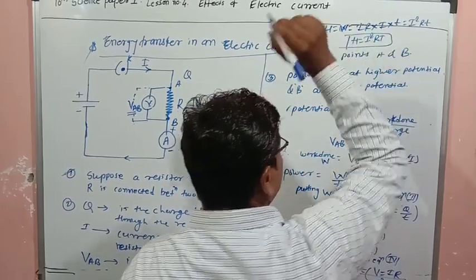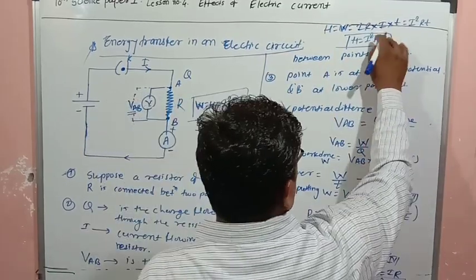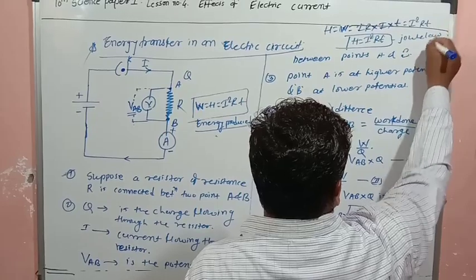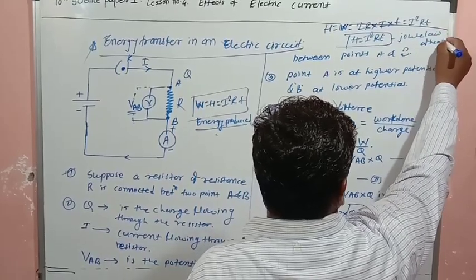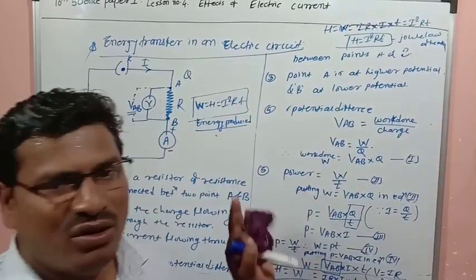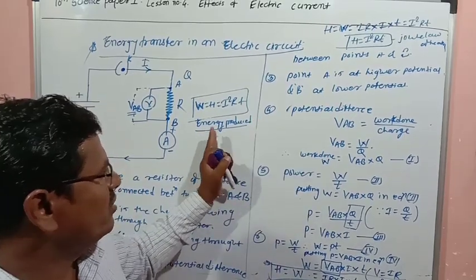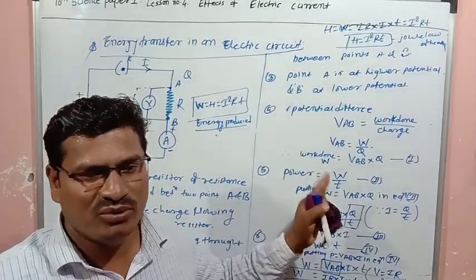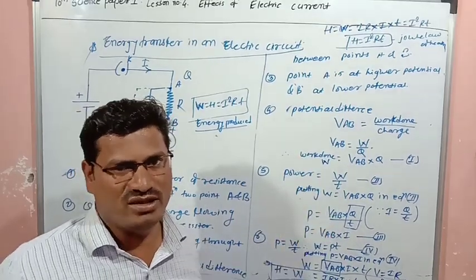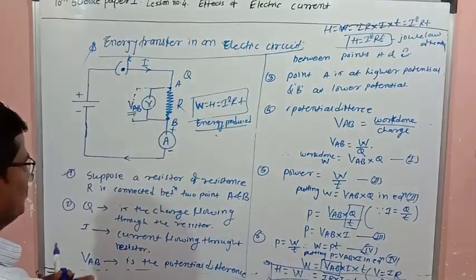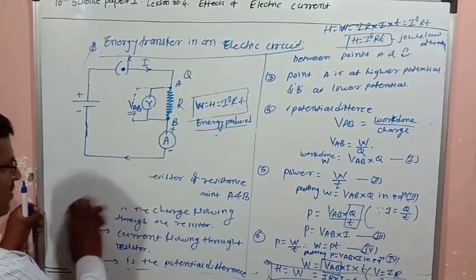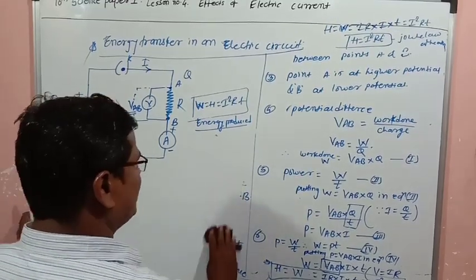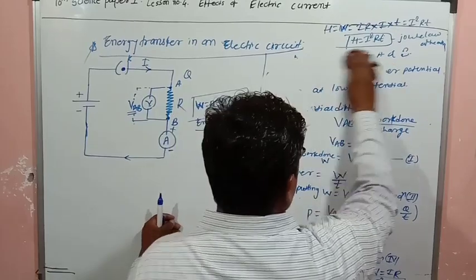This is I square RT. This is Joule's law of heating. I think you have understood this one. I am going to rub all of this, and in short I will show how to obtain this derivation.